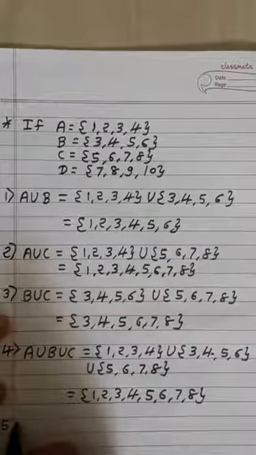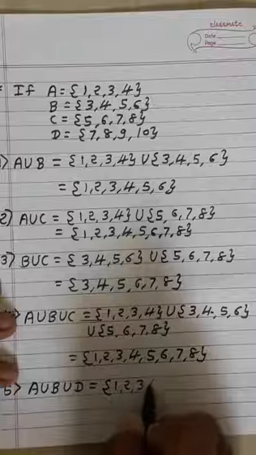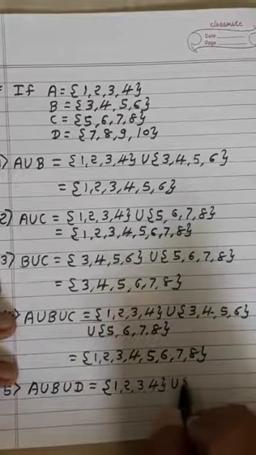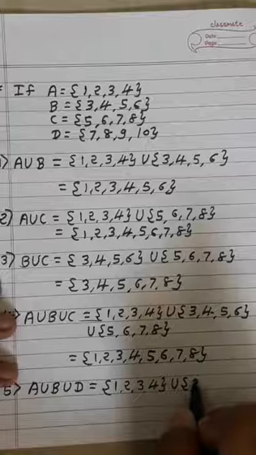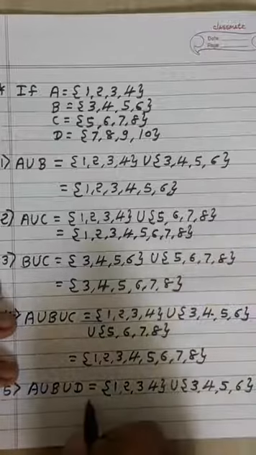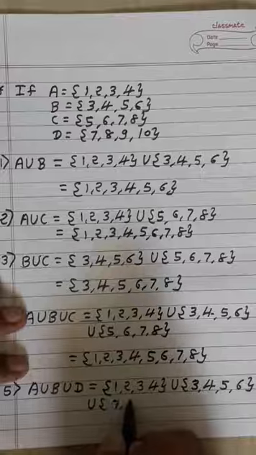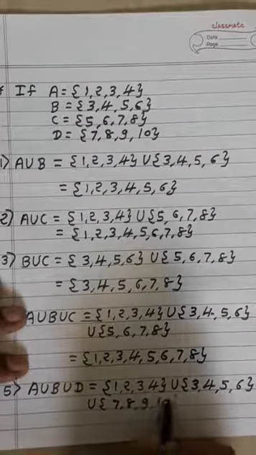Next question, fifth one. A union B union D. So A union B union D means first of all write the elements of set A, 1, 2, 3, 4 union elements of set B, that means 3, 4, 5, 6 union elements of set D, so 7, 8, 9, 10.